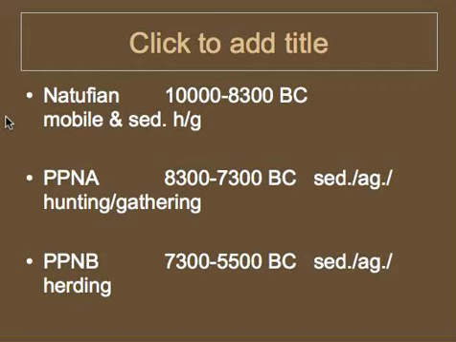So rather than thinking about these three time periods as completely separate from each other, and basically you have to memorize what happens in each period, think of it more in terms of the large story. You know the end of the story. The end of the story is agriculture. You know the beginning of the story. The beginning of the story is Ice Age hunters and gatherers who are mobile, right? Now you kind of have to fill in the blanks in between.